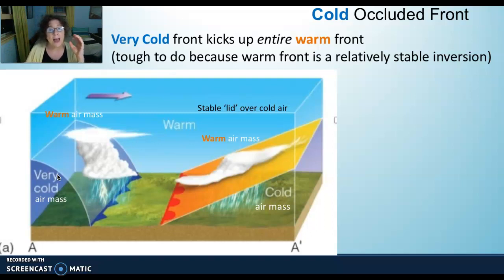Now, the Norwegians who invented this theory did not believe that this could exist. They theorized it, but they said you're never going to see it in practice because this is just too stable. But we're going to tell you about it anyway.